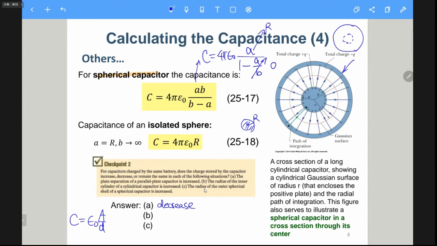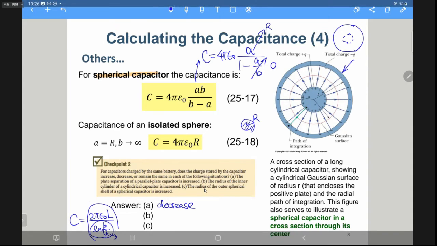Okay. For the next one, the radius of the inner cylinder of a cylindrical capacitor is increased. If you still remember, it is 2 pi epsilon naught L over log B over A. So the radius of the inner cylinder increased, which means A increased, which means that the log term decreased.